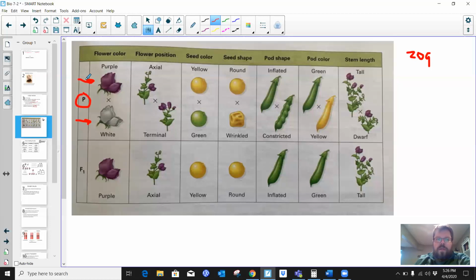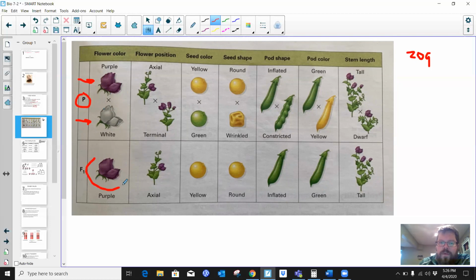So let's look at the purple versus white color example. These true breeding parental plants, and then he would meticulously cross pollinate these purple with white flower colored plants, and ultimately would see consistent results, 100% across the board.